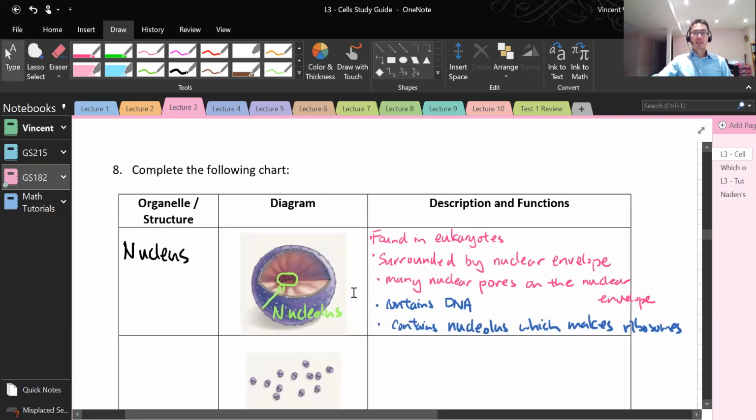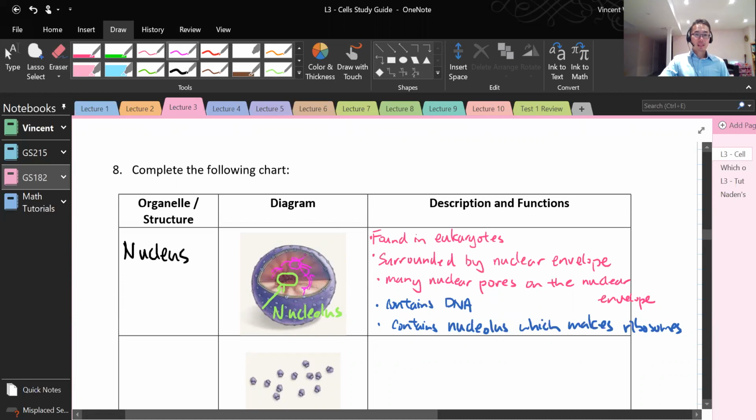The fuzzy skin of the peach is the nuclear envelope. The meat of the fruit would be the location where you will find the DNA. And then the seed in the middle, that's the nucleolus. The nucleolus is going to make ribosomes, and then you will have all this genetic material here, the DNA.